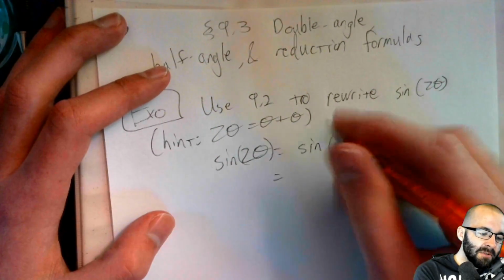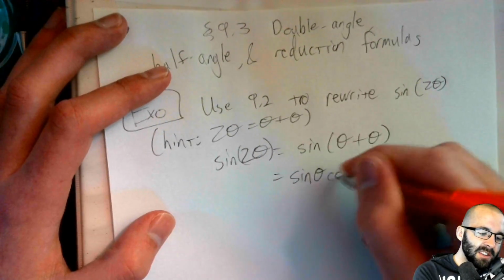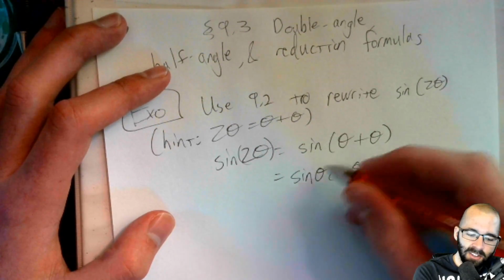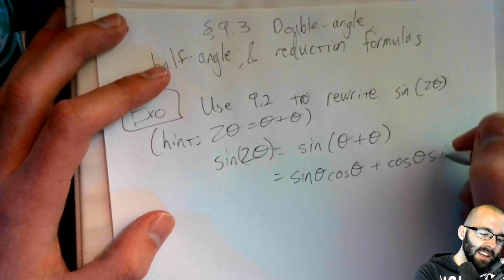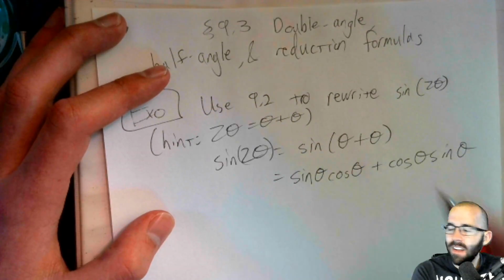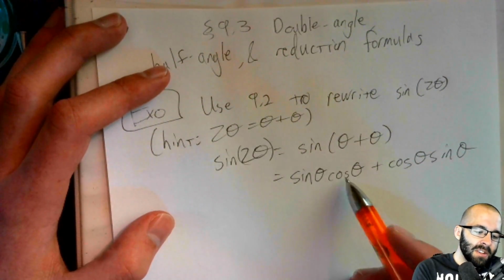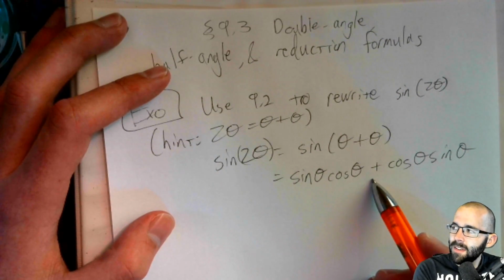And then using the angle sum formula says this is going to be sine of the first times the cosine of the second. In this case, the first and second are the same. Plus the cosine of the first, sine of the second. And again, there's just theta everywhere. And then notice that sine times cosine is the same as cosine times sine. This term and this term are the same.